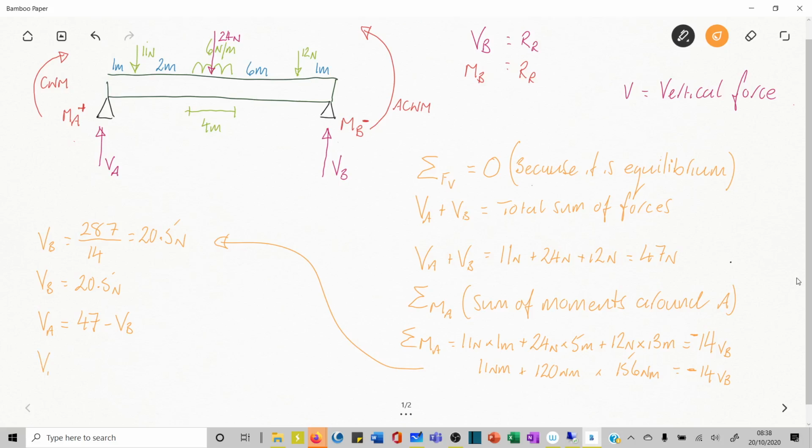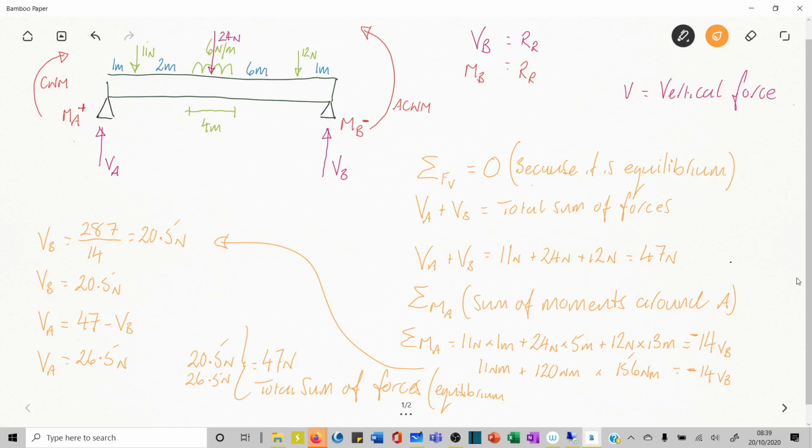So therefore VA equals 26.5 newtons, and if we add 20.5 newtons plus 26.5 newtons, they equal 47 newtons, which is the total sum of forces, brackets, equilibrium.